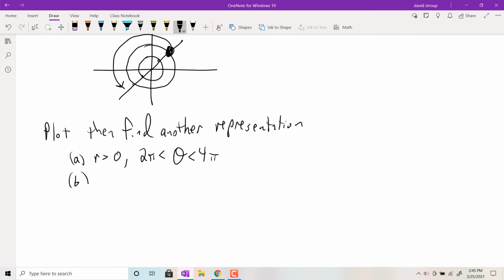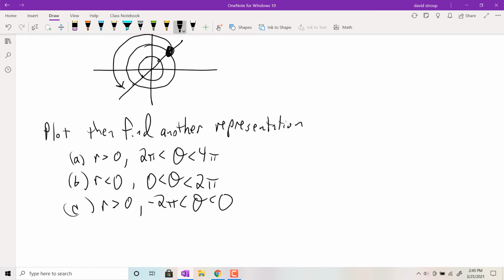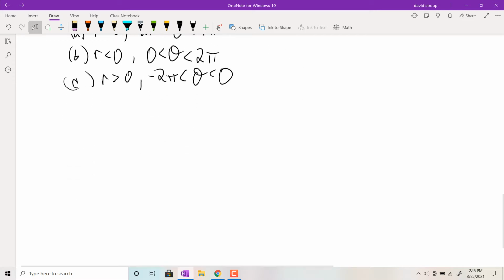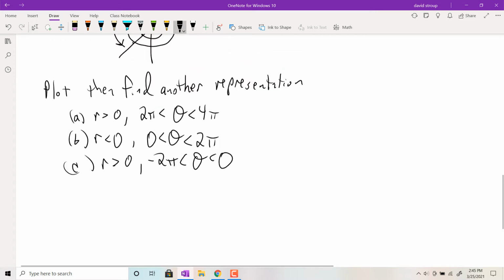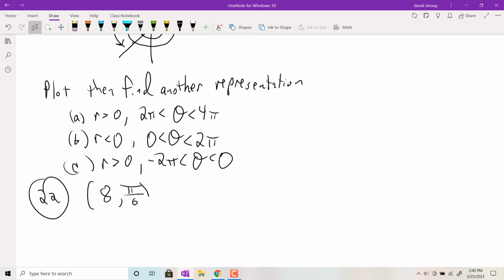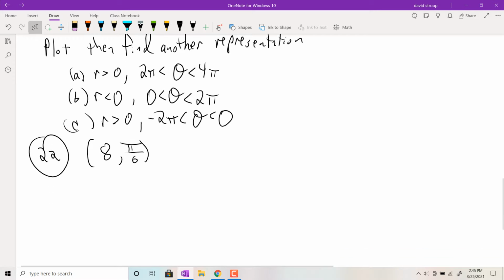In part B, they want an r value less than 0, and then theta in between 0 and 2 pi. And then part C, they want r greater than 0, and then theta in between negative 2 pi and 0. Okay, so in particular, we'll look at problem number 22, where they have 8 comma pi over 6. We have to find these alternate representations.